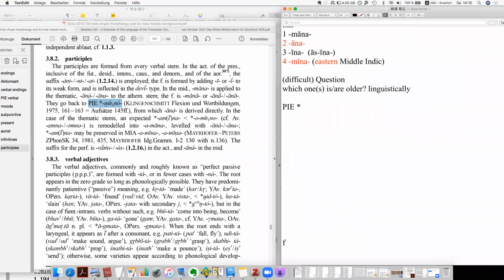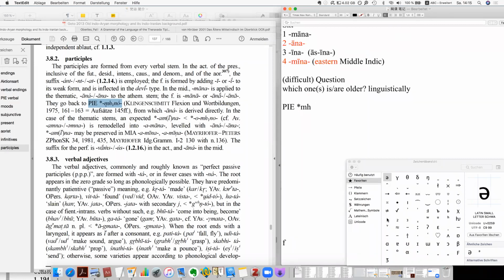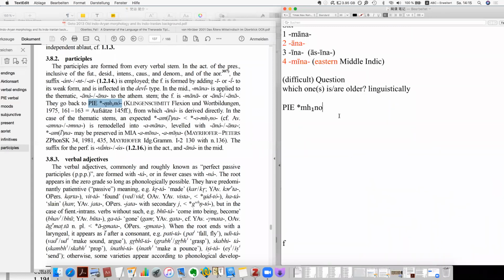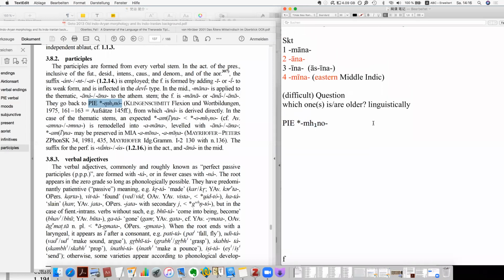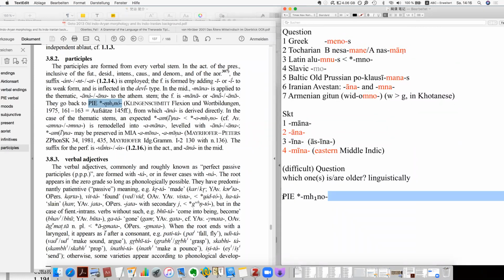According to the theory, this is the reconstructed form of the middle participle, right? And now let's check how we can get all these different forms from this single reconstructed form. Probably let's start with Greek.